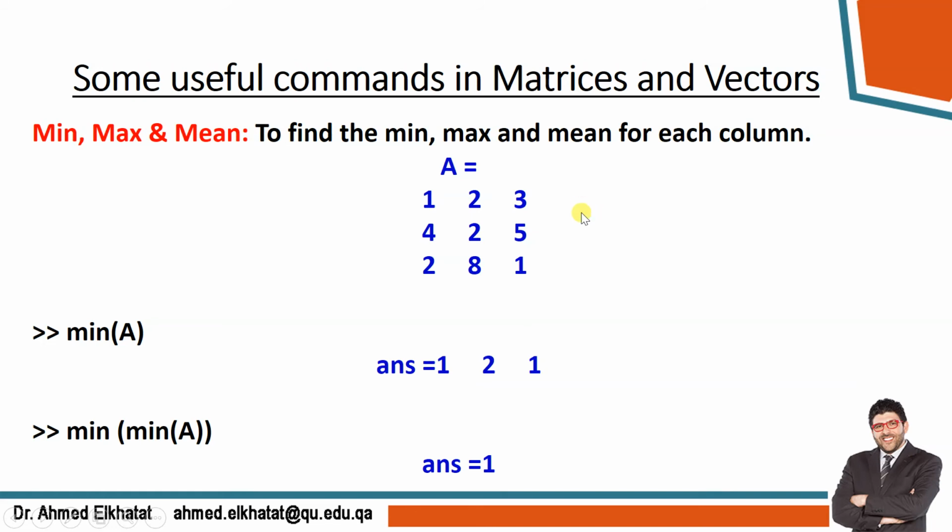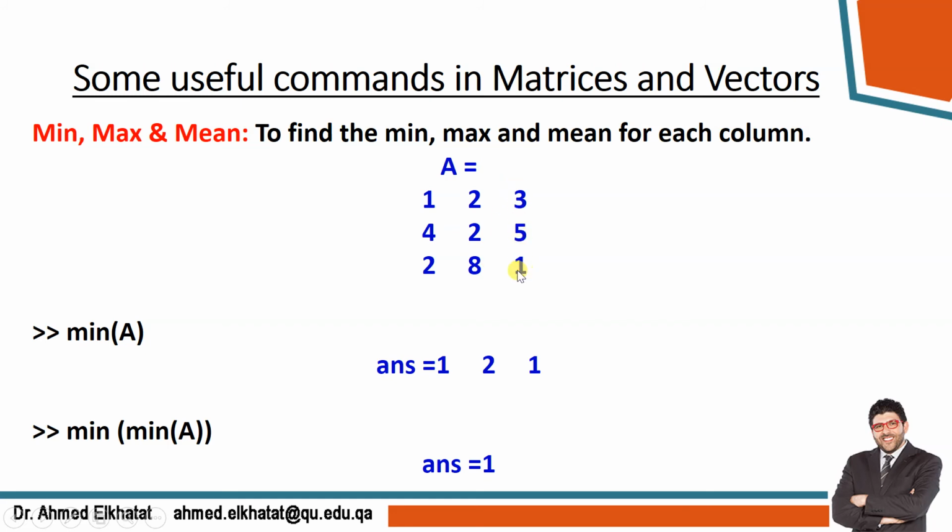Other useful commands in matrices and vectors are max, min, and mean. These are used to find the minimum, maximum, and mean vertically. Suppose we have this A, and I say min A. It will find the minimum value in each column: the minimum here is 1, here 2, here 3.